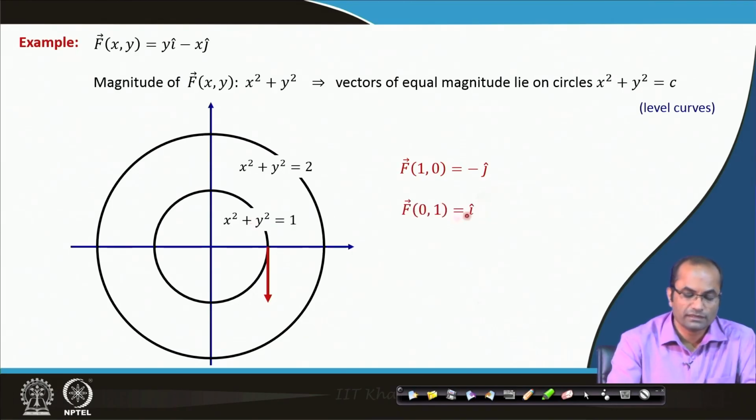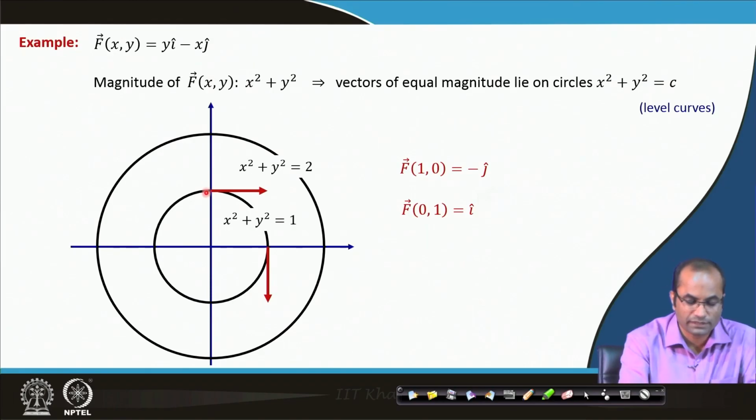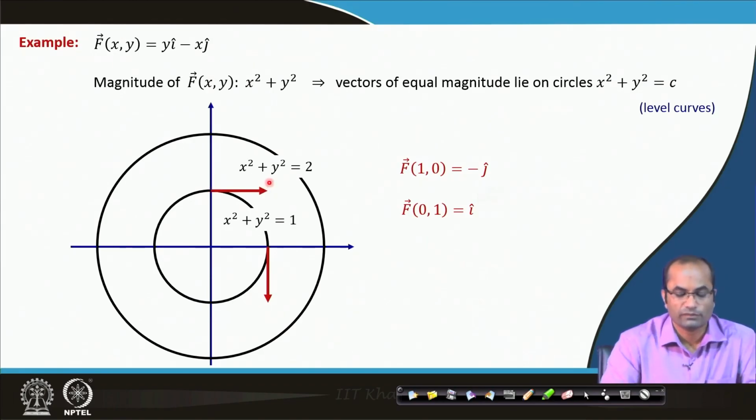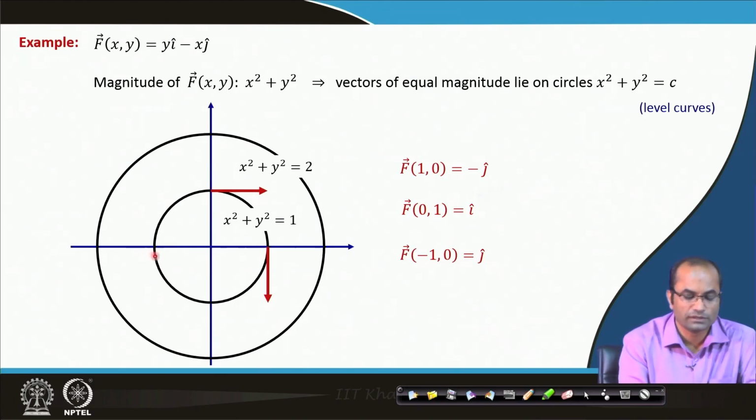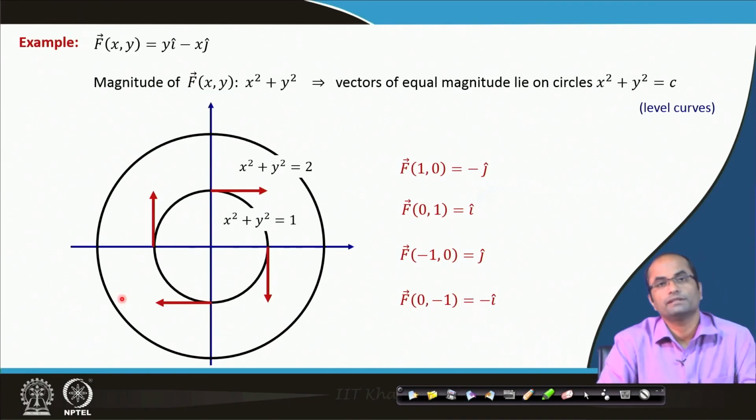For instance, we take another point, (0, 1). So, x is 0 and y is 1. At this point the vector is given by minus i, which can again be described by this vector. Similarly, we can talk about another point, (-1, 0). Here the vector is j, in this direction, and again at (0, -1) we have the vector in this direction.